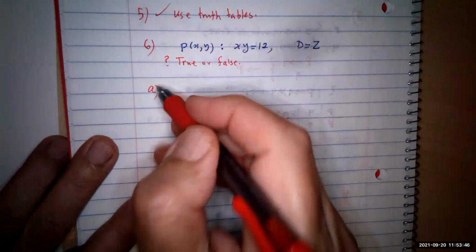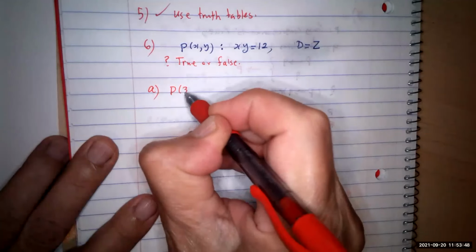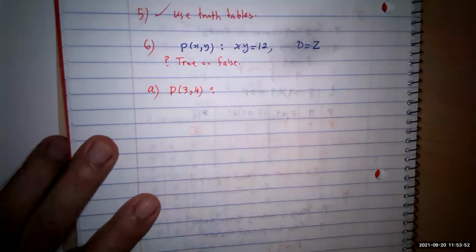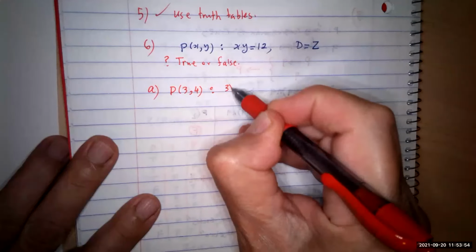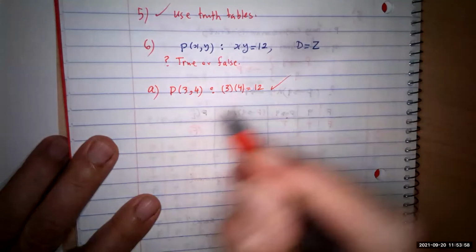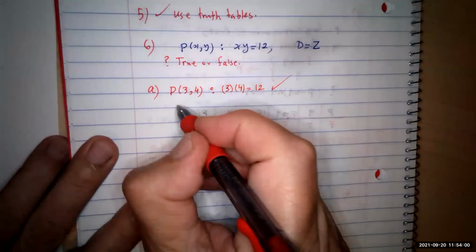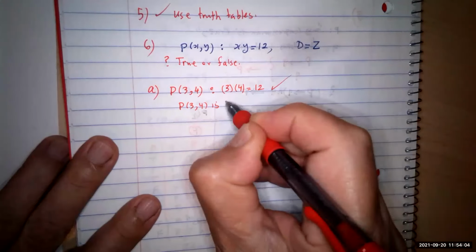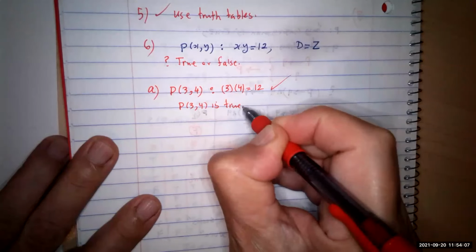The first part is P of 3 and 4. So you form it first. 3 and 4 is going to be 3 times 4. This is the way you explain it. It's going to be 12, it's true. So P of 3 and 4 is true.